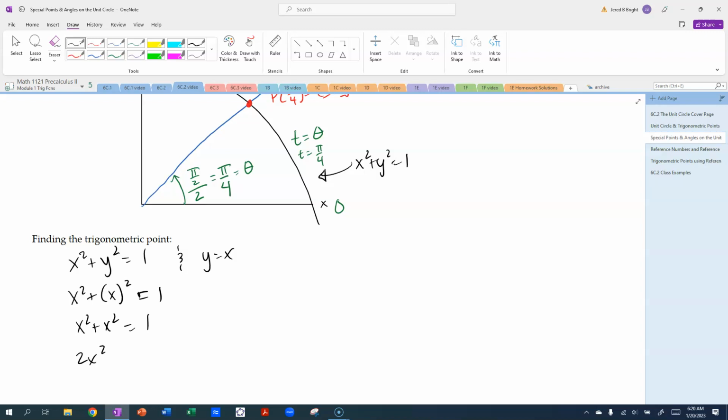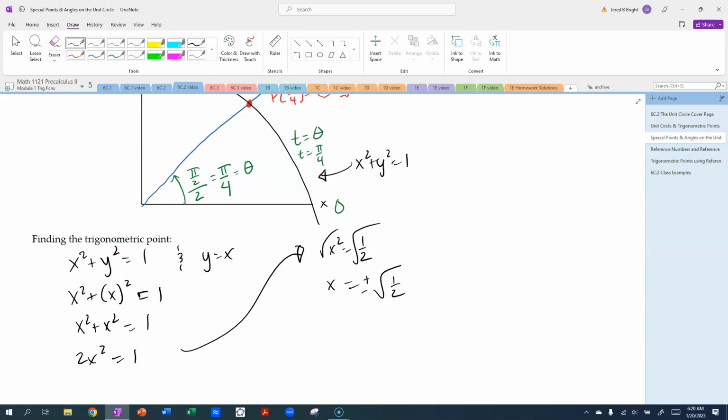Algebra is our friend: 2x squared is equal to 1. Now x squared is equal to 1/2, and if I introduce a square root, x is equal to the square root of 1/2. A little voice inside my brain is telling me that when I introduce a square root, I need the plus and minus.